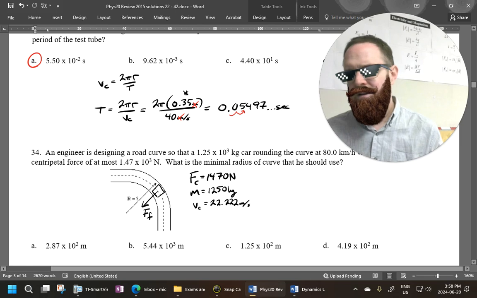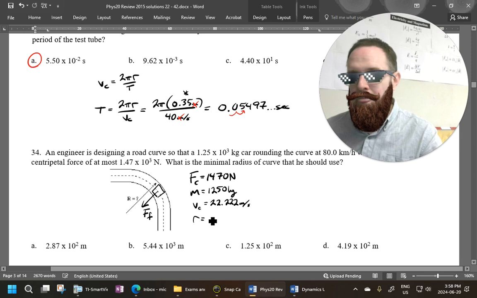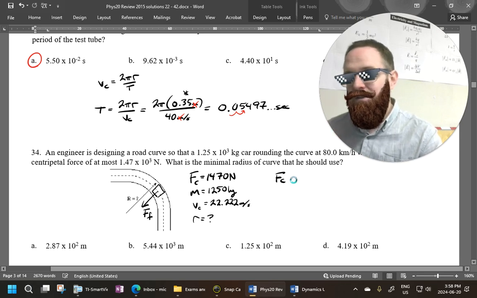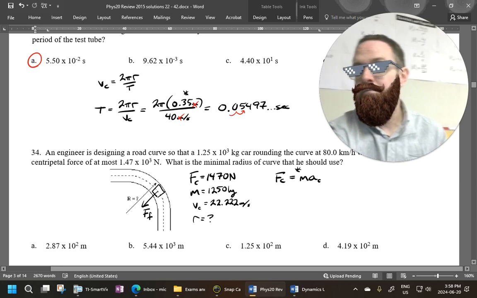What's the minimum radius? So we're going to find a formula that involves radius. We're looking for r. All right. So remember, FC is the same thing as an F net, so it's equal to mass times acceleration. But because this is FC, this A is the AC. Remember that. F net is equal to mass times acceleration. Okay?